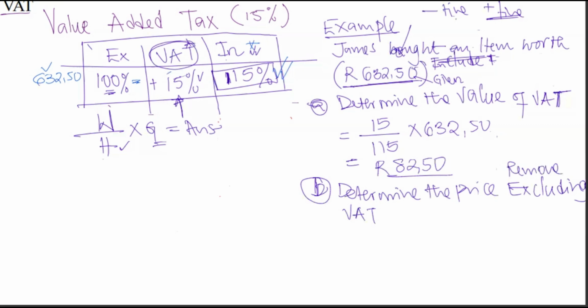So what do I want? I want excluding in part B. So what I want is 100 over what I have. What I have, as I already said, was including, so I put 115 times what is given. Whatever is given is in the scenario. So we shall do that.